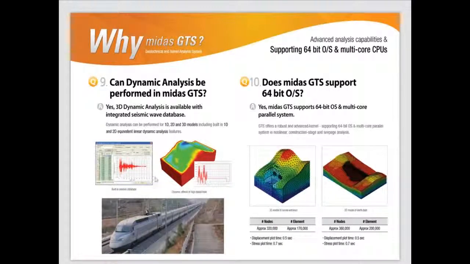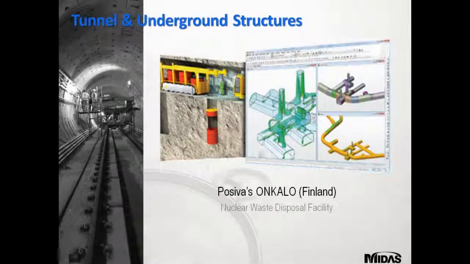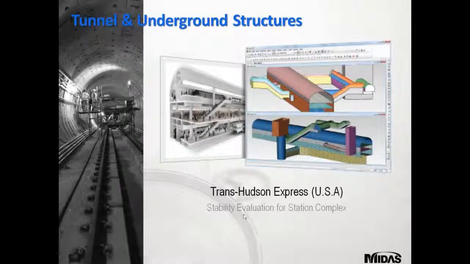Okay, so Midas GTS can also be used for dynamic analysis. For example, the train going on the ground. It supports a 64-bit system. And these are a few projects. The Onkalo nuclear waste disposal in Finland.